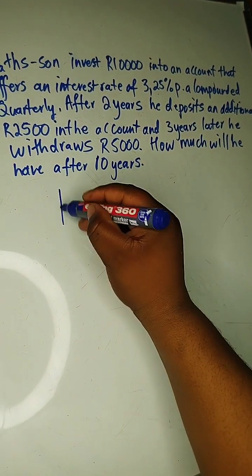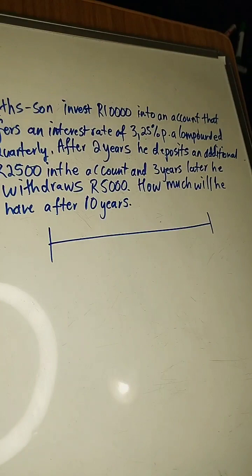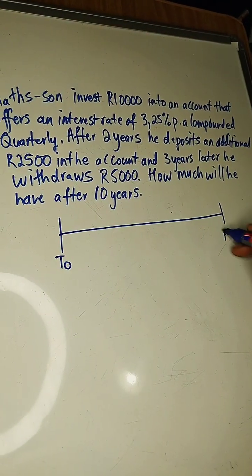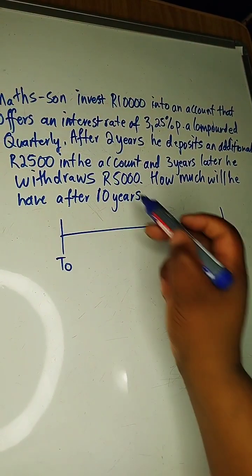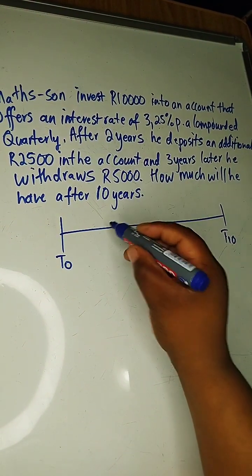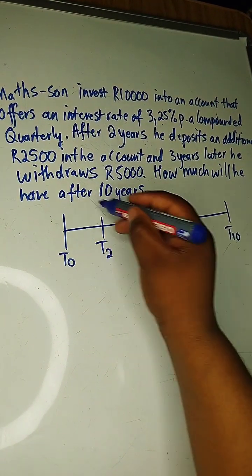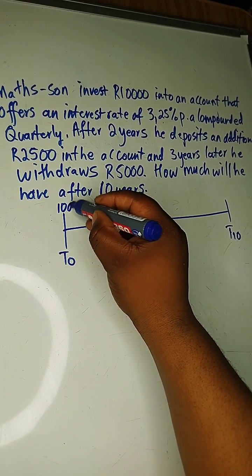Now let's try and do this together. Number 1, we'll draw a timeline. This is our timeline. Some learners say it does not have marks, so I won't draw it. Please do draw it. Then here we know that is 10 years. They said after how many years? 2 years. So that is T2. There was an additional. Here there was 10,000.